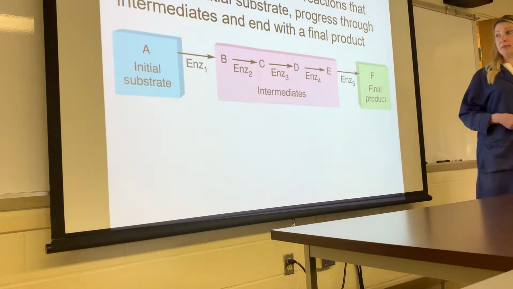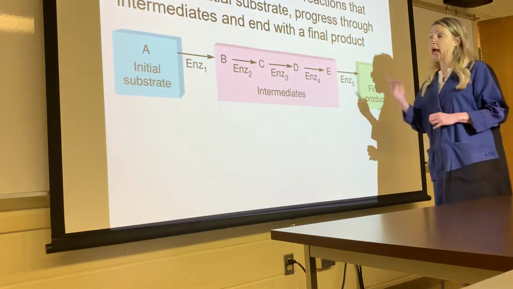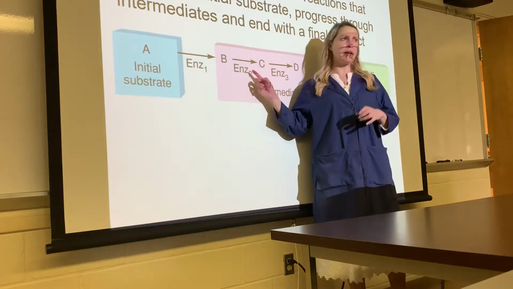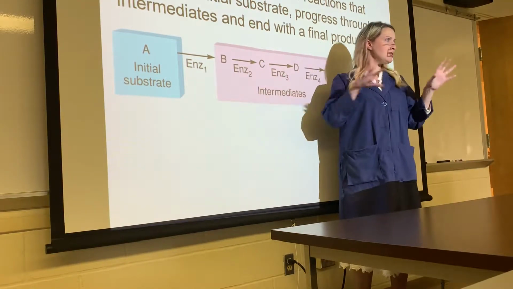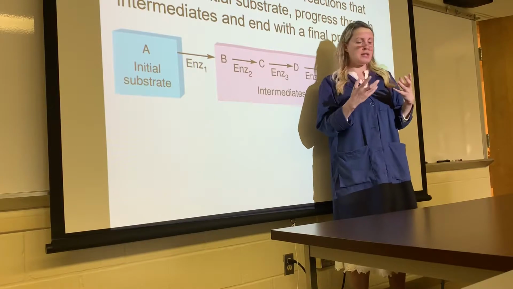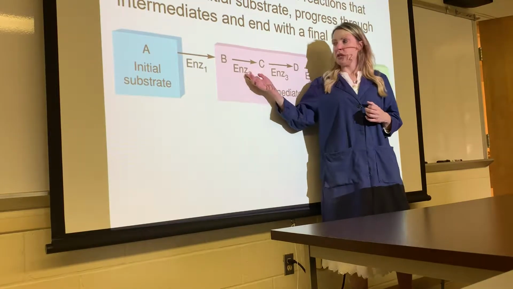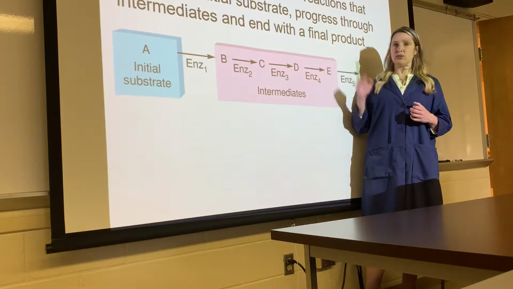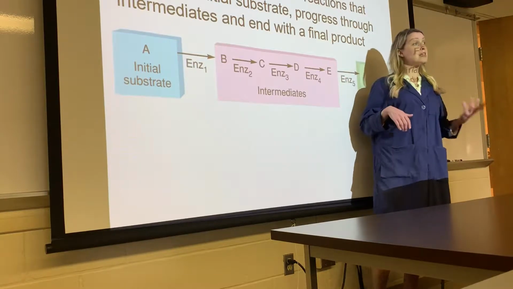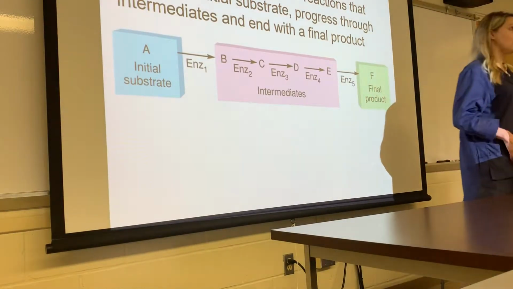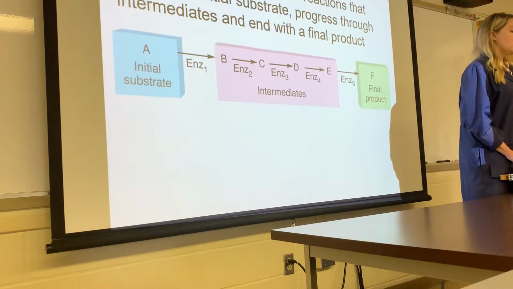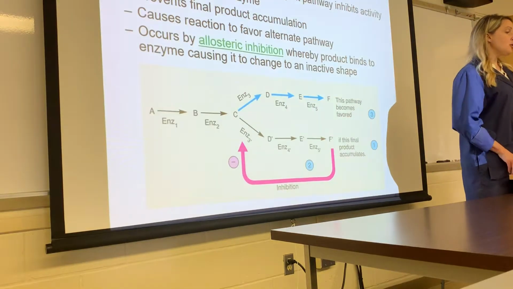And as Mike asked earlier today, what happens if one of these enzymes has one amino acid substituted, it doesn't fold correctly, and the active site is a problem? You can't get through this whole pathway to get to your final product, just like melanin, like I mentioned earlier.